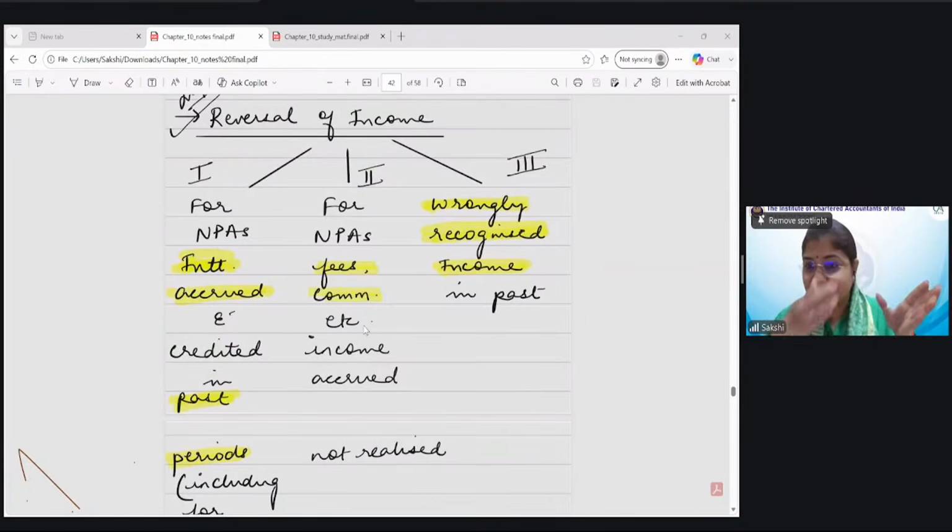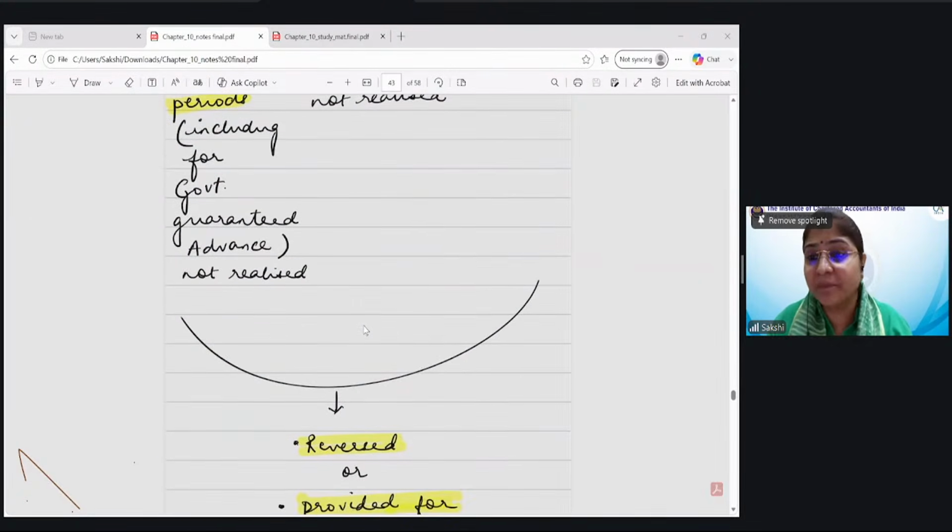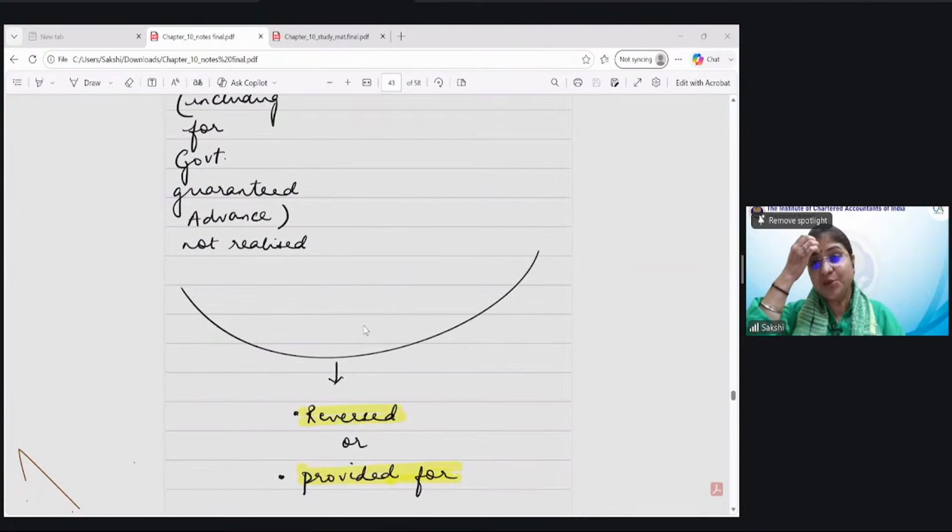So in both the cases, case 1 and 2, the income is not realized, but you have credited, you have accrued it. So what will you do? You will reverse it. Third, wrongly recognized income in the past. Means it was not your income, but you have wrongly recognized it as income. When you have credited, now you debit it. So in all the three cases, what are you going to do? You are going to either reverse or make a provision. Provided for means you will make a provision. Is this clear to all of you?